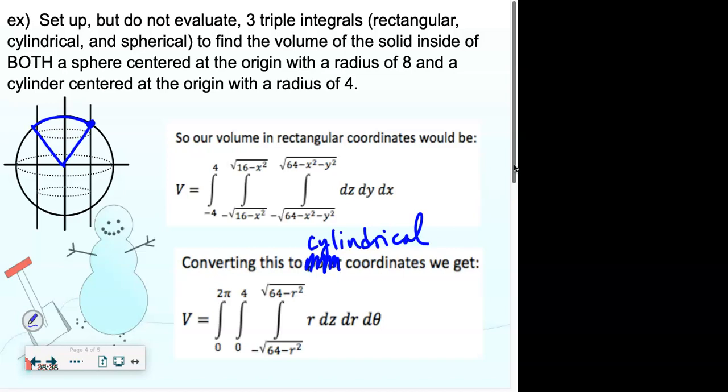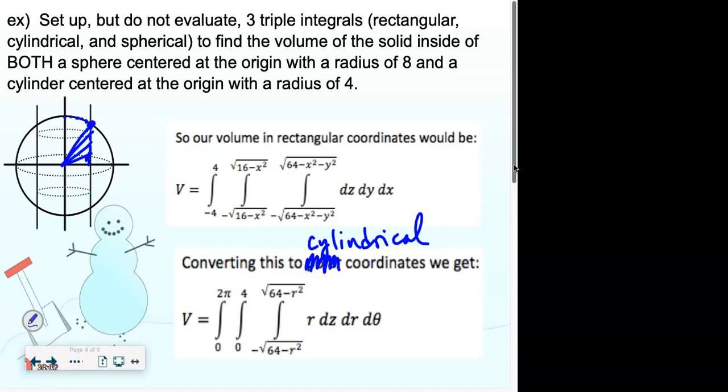Yes. So Jimmy, why can't you use spherical to find a cylinder? You can, but the problem is your rho to go out to the edge of the cylinder is a different equation than your rho to go to the edge of the sphere.